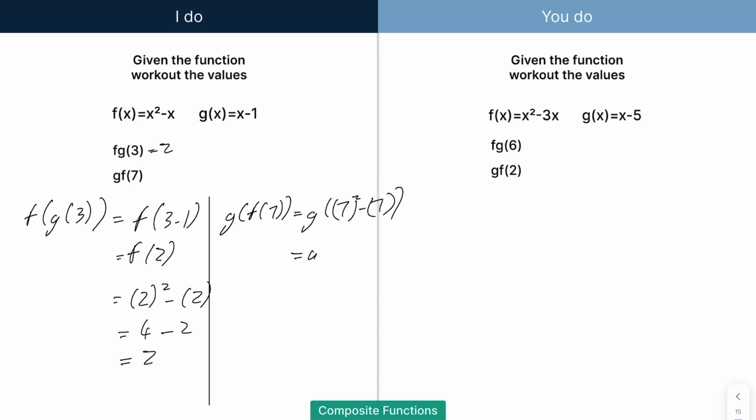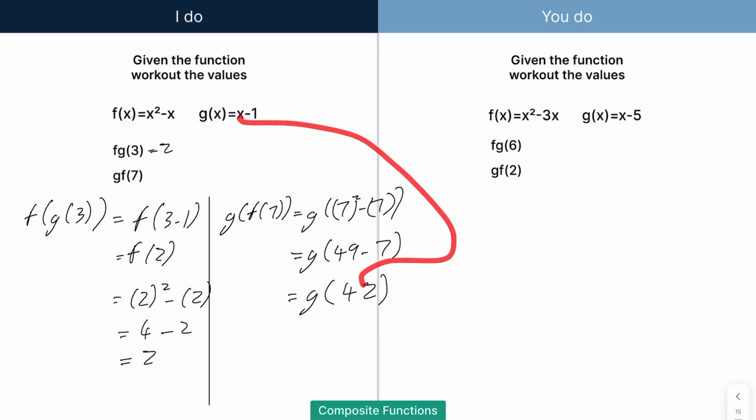So that would become g of 49 minus 7, which becomes g of 42. And now we're going to substitute that into g of x. So that is now going to go to there. So that just means it's going to be 42 minus 1, which is 41.